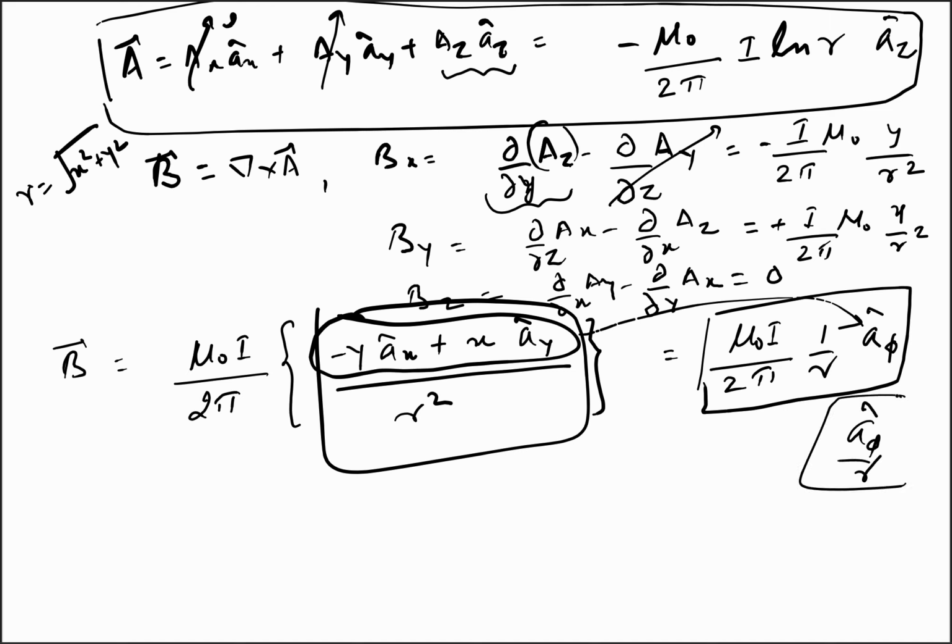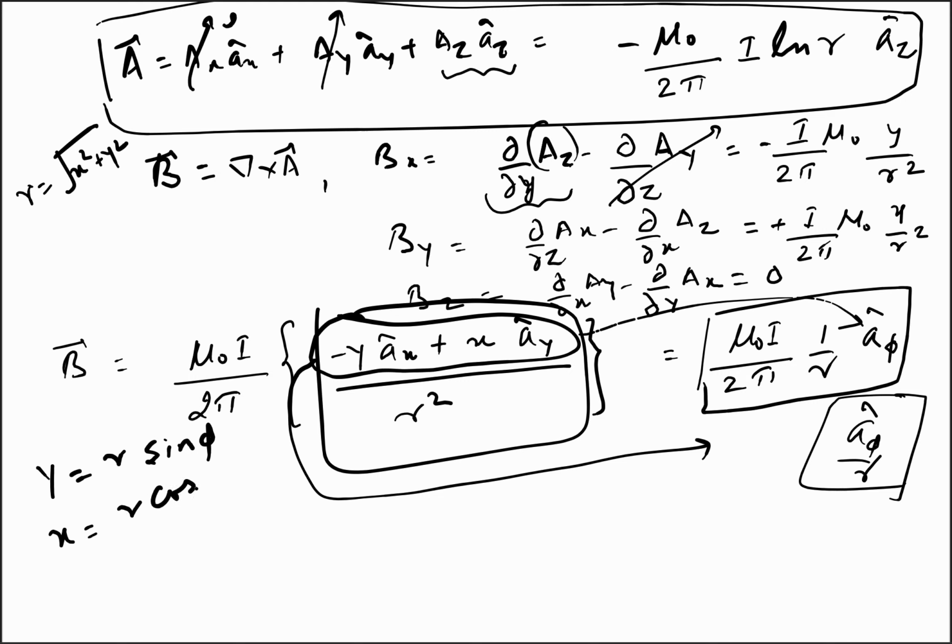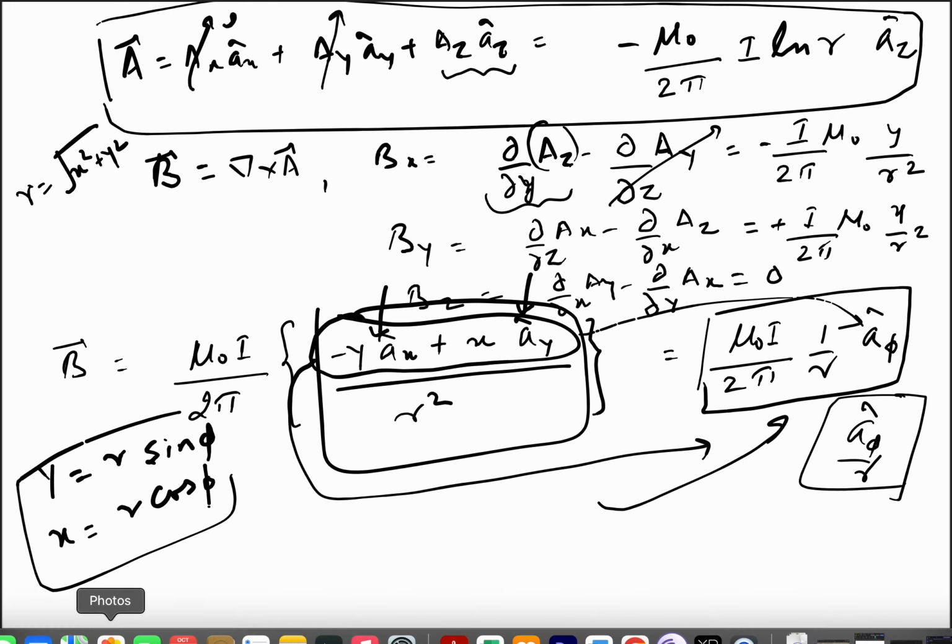I will not explain it here. If you have any doubt, you can revisit my lecture on cylindrical coordinate system, and it will be easier. You just have to replace y with r sin phi, x with r cos phi, and similarly you have to replace the ax and ay with the required components, which I have explained in my lecture on curvilinear coordinate system. By putting all these values, you will find that you are able to get this quantity.